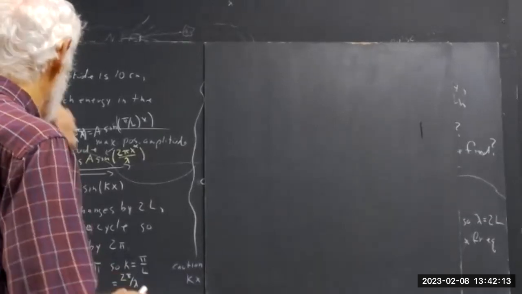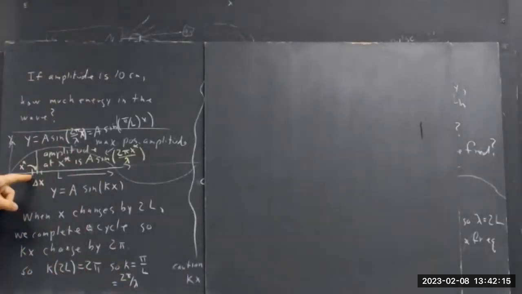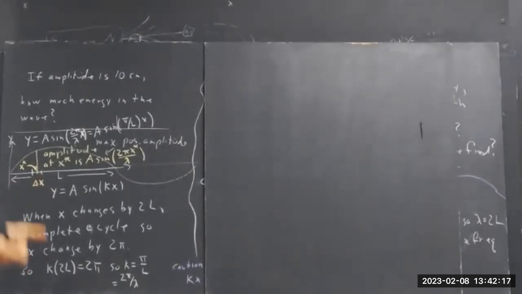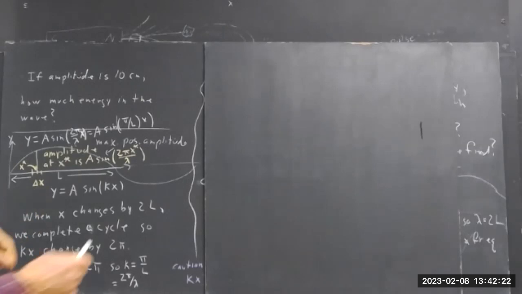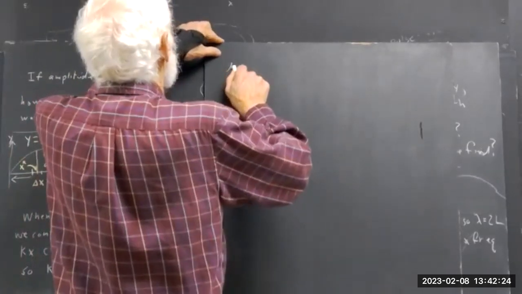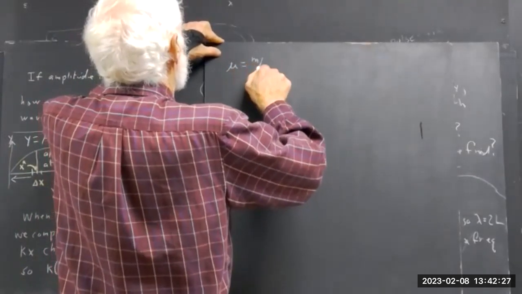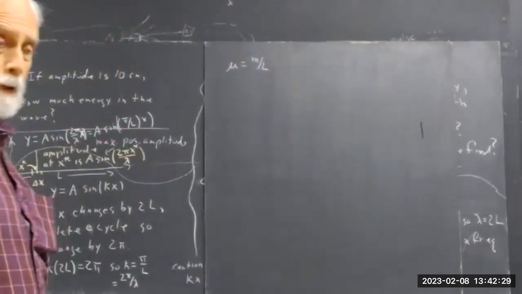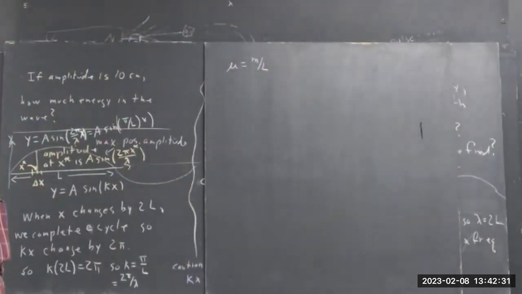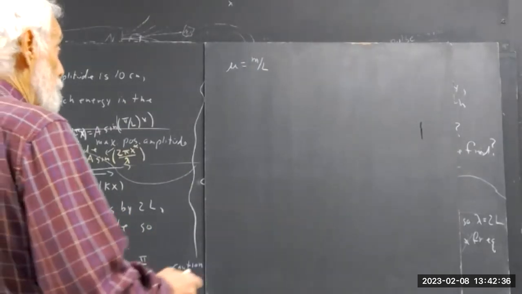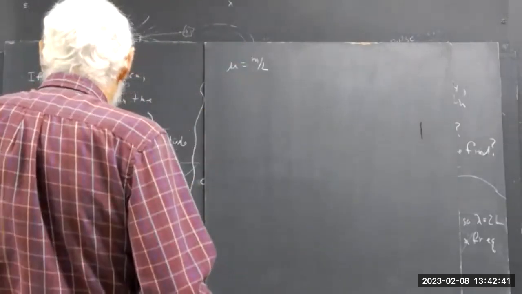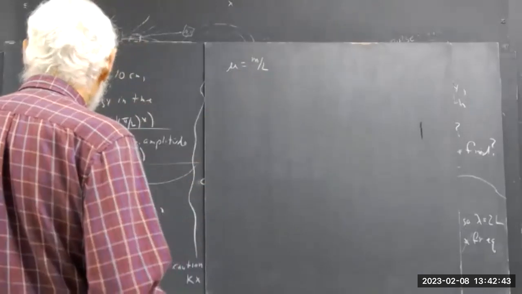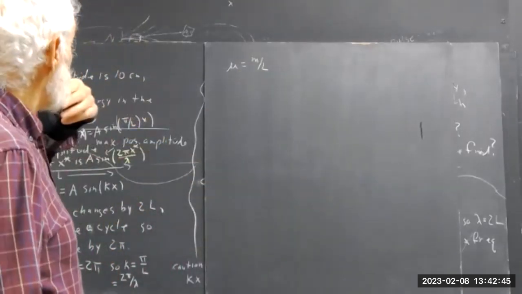Okay. So you can do that. As far as mass, well, if we know the mass per unit length, we multiply that by delta x, right? So let's let mu equal mass per unit length, a very common way to do that. Many authors do, and I kind of like it once you understand mass per unit length.